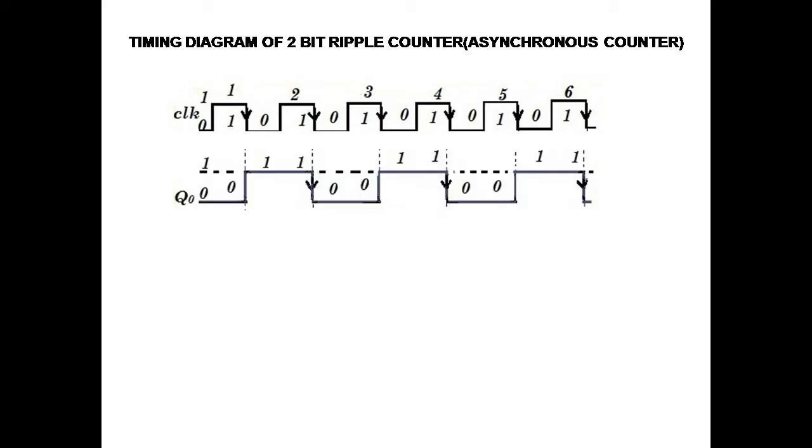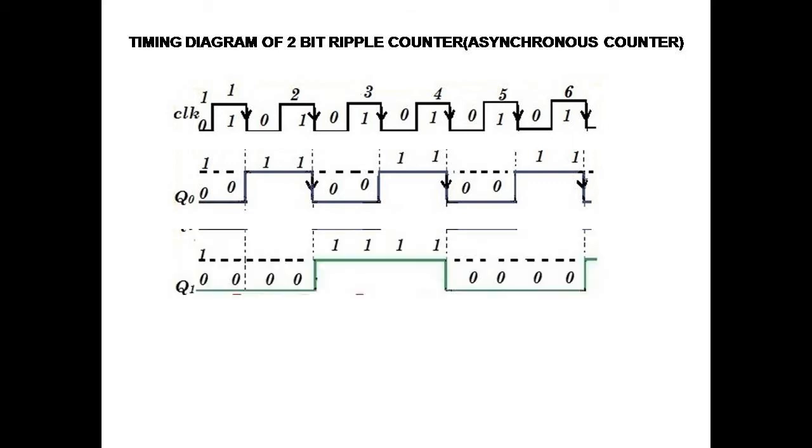We will see the output of the first flip-flop. This is the output of the first flip-flop. When the first clock pulse is going from high to low, the output Q0 goes high. Then in the second clock pulse, the output reverses its direction. It comes down and so on.